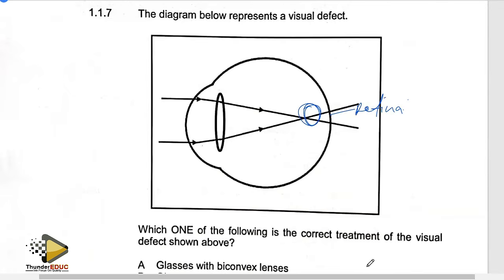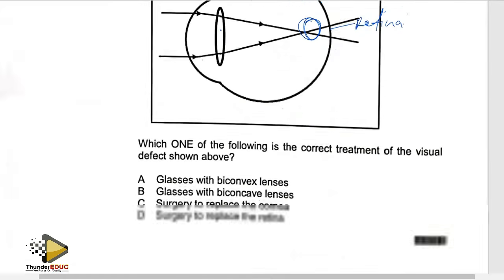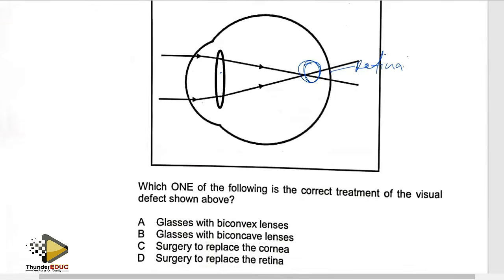If it forms in front, what does it mean? It means that this lens is too thick for the light coming from a far object to reach here, because it comes with a small beam.